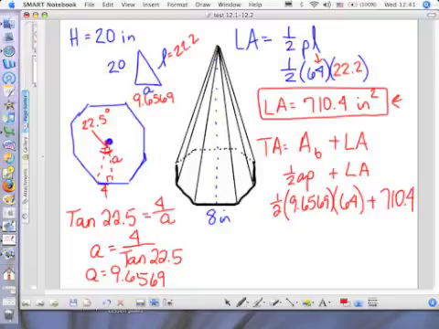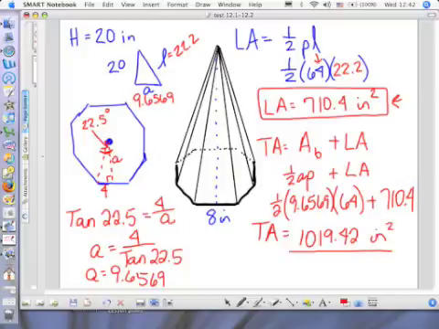And we make the calculation. Oh, it's a really big one. I think I messed up. It's big. So my total area for this particular pyramid is 1,019.42 inches squared.